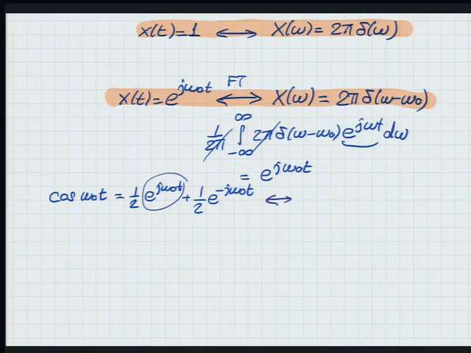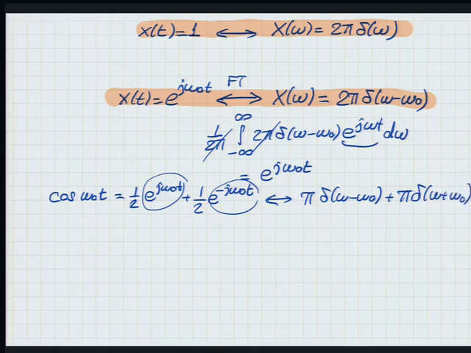And there was a 1/2, so it's only pi delta omega minus omega naught plus pi. From the second term, I'll get pi delta omega plus omega naught. Okay? So that way, you can do something similar to sine.